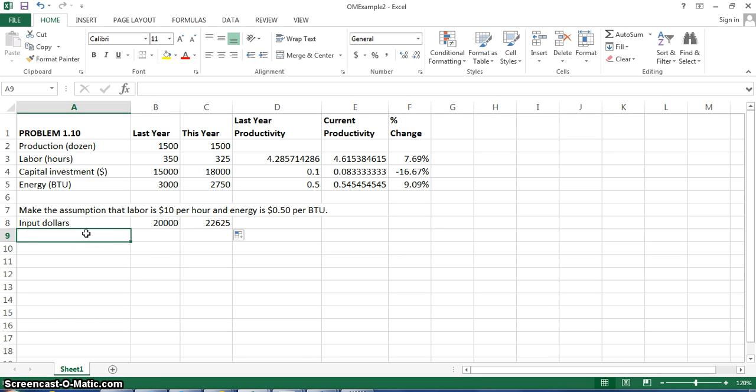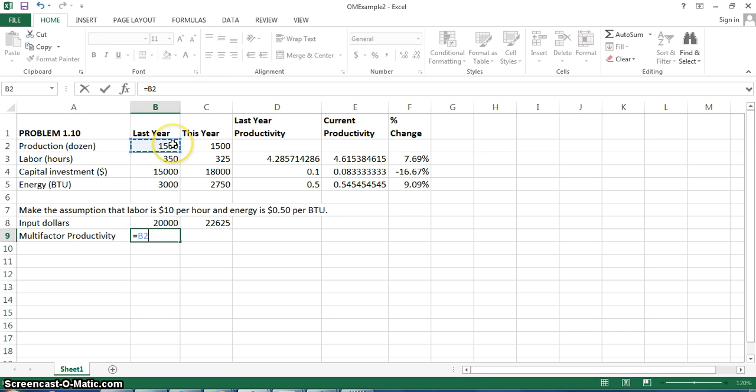Now, multi-factor productivity then is the production, or amount produced, divided by the input dollars. So it will be production divided by the input dollars that we calculated in the previous step.